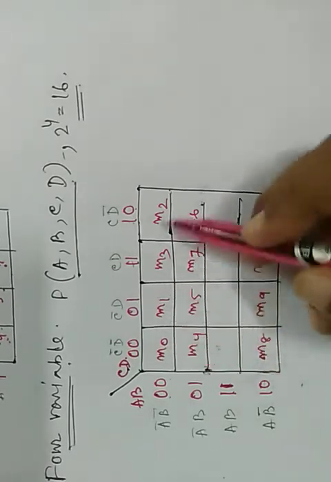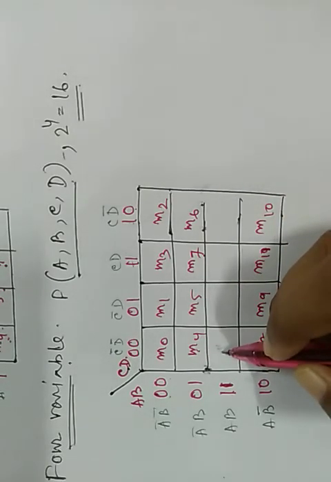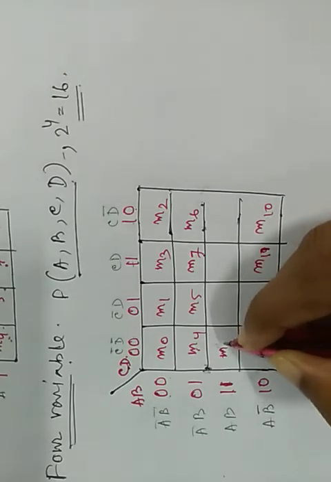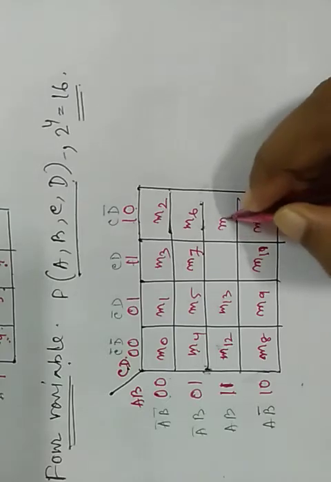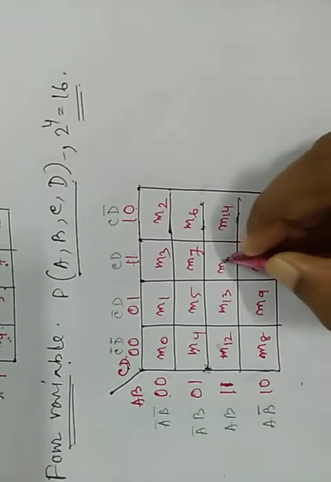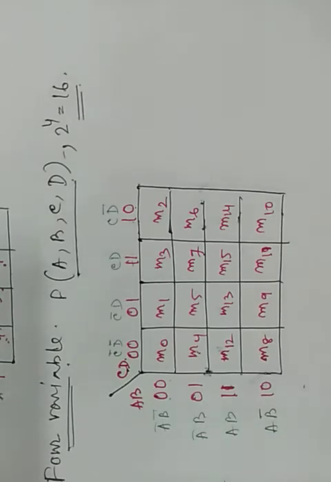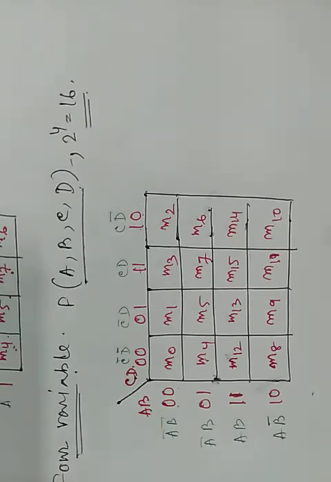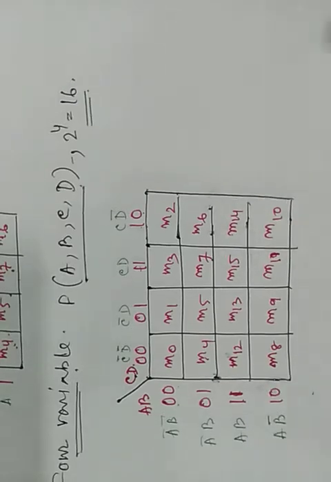These are all min term values. Okay, so here M12, M13, M14, M15. Clear? This is the normal table for Karnaugh map.